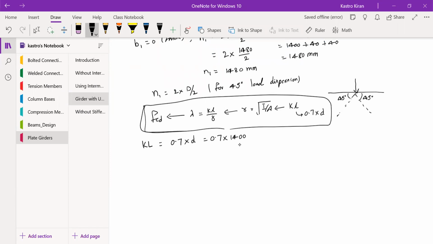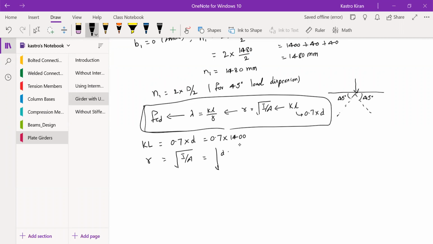Okay, so you can solve for that one. And then the value of r has to be found out, which is given by root I by A. That is the radius of gyration, r equals root I by A. So how would you find out the radius of gyration? I value is bd cube by 12.